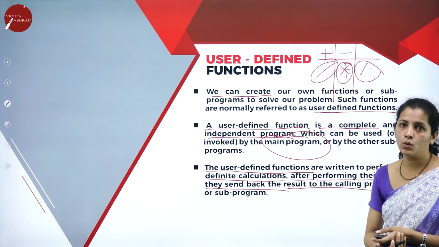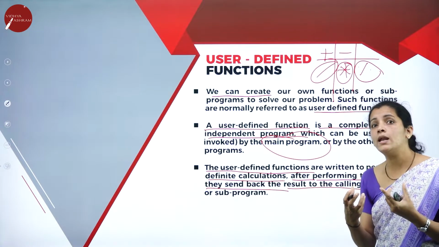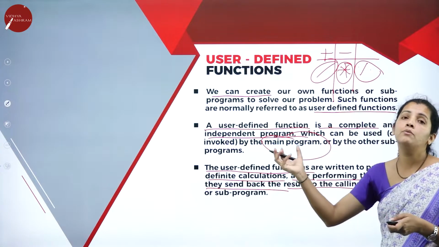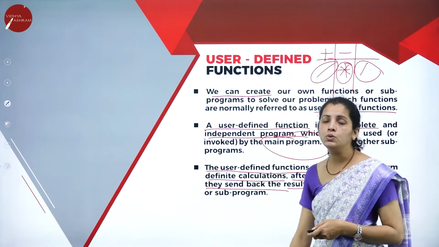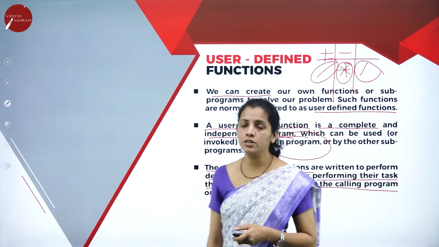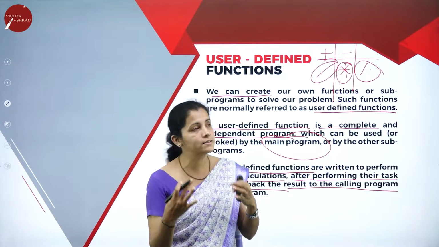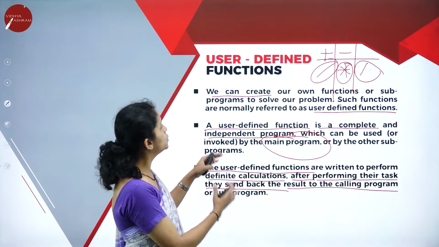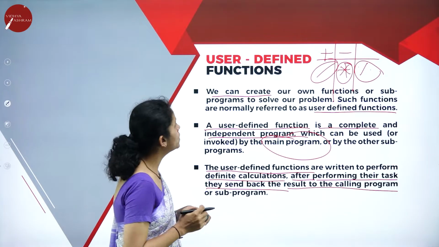So after performing all the operations as well as calculations, the subprogram must return the value back. This is the way we can use a user-defined function. That means the user writes their own function, called a user-defined function, and I call this function in my main program.